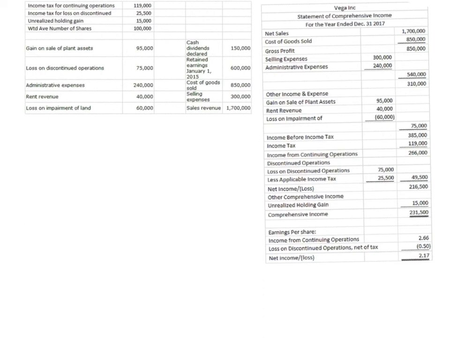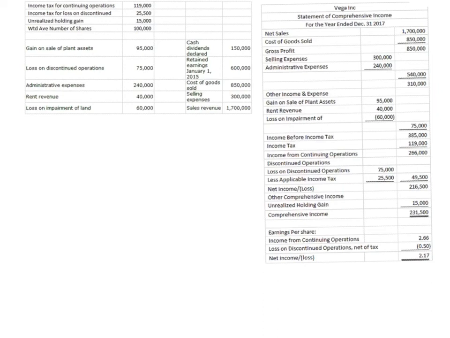If you have to pay your preferred shareholders, you have to take that amount out, and you divide that by the weighted average number of shares to get your earnings per share. So what we end up having is $266 divided by 100,000 is $2.66.